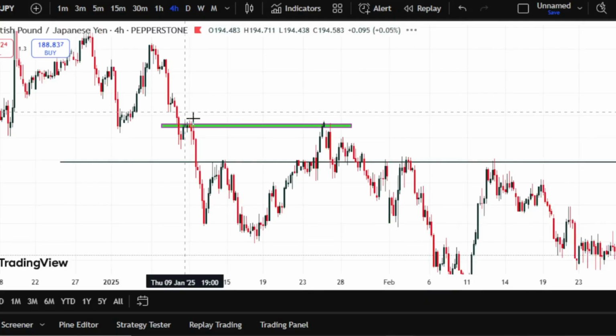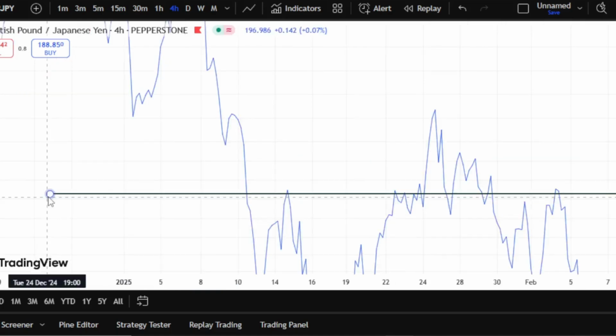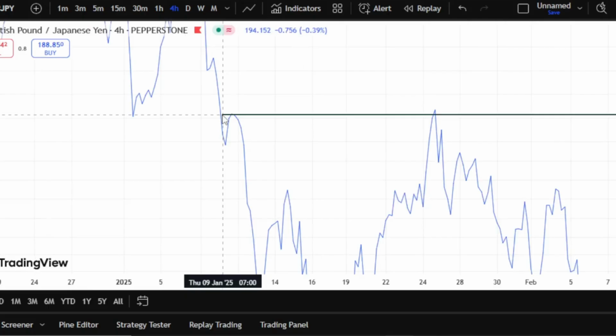What do you see here? Let's turn to line chart. What do you see there? You see? This is A level. This is a resistance. So when the market gets to this spot, let's see.